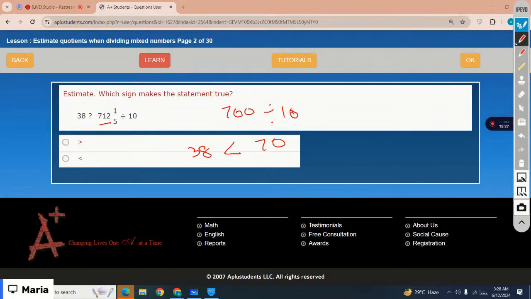The correct option is less than, option number 2 is the correct option. Got it? Let's just move on to the next one.